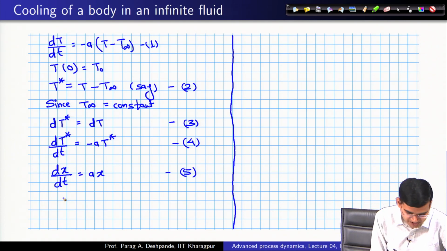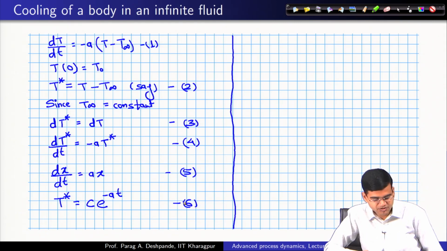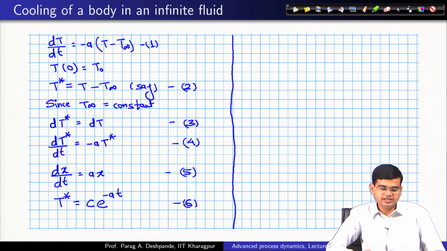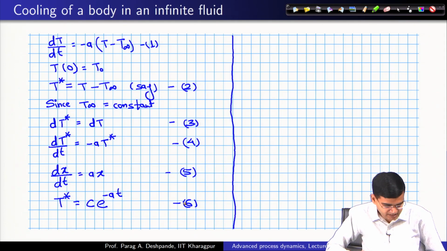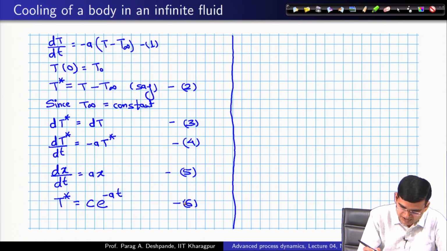As we solved yesterday, we will have T star which is equal to a constant C, integration constant, times e to the power minus a t. Okay. And I need to determine the integration constant, that can be done with the help of the initial condition. So, let me plug in the original definition of T star.